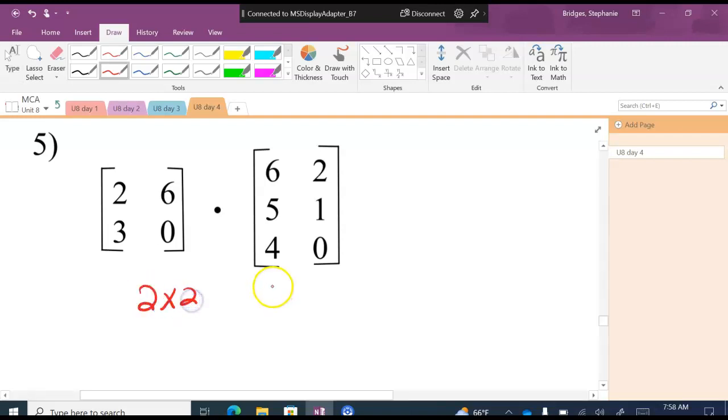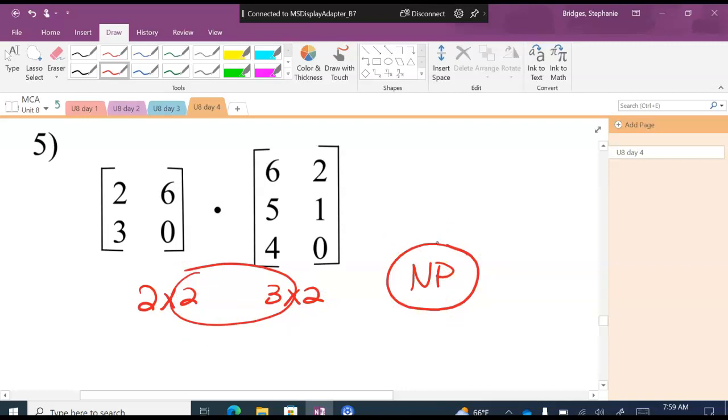What about the second one? 3 by 2. Can I multiply these? No, because the number of columns in the first does not match the number of rows in the second. With matrix multiplication, order matters. If you change them around, it's a completely different problem. Now, if they were switched around, then we could multiply, but because they're the way they are, we can't multiply them. All right.